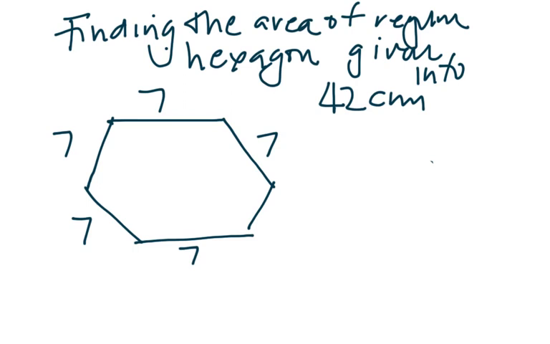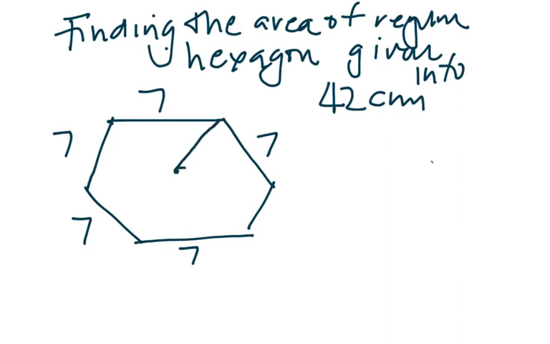It's kind of hard to find the area because we don't really have a shape that we can find an area with, so we're going to use one that we know. I know that the area of a triangle is half base times height, so we're going to break it down.